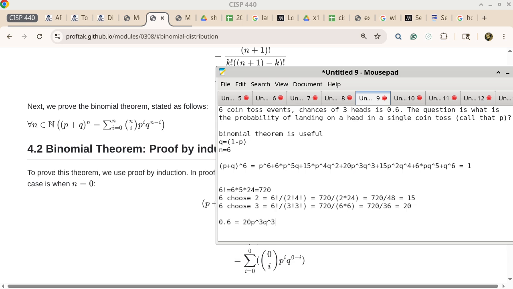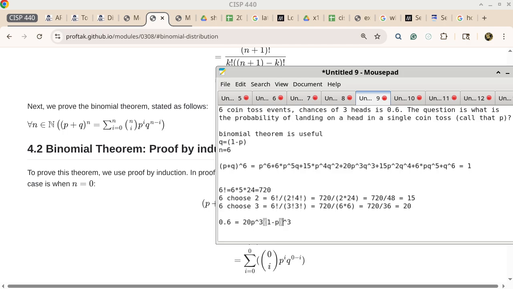Is that okay so far? So now we have to solve for this. So we have q being 1 minus p. This is the furthest we need to get in order to say, okay, we have one unknown and everything else known. We should be able to solve for that p. But that's all we need to do, okay?